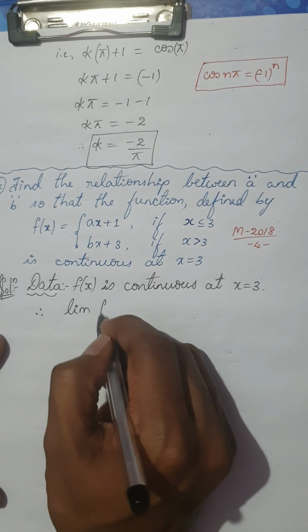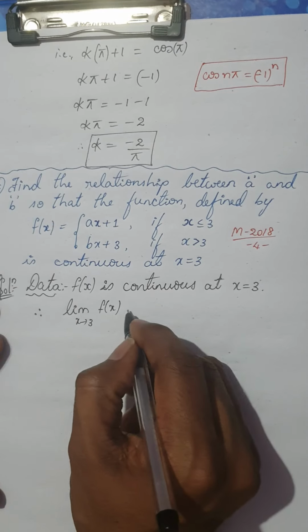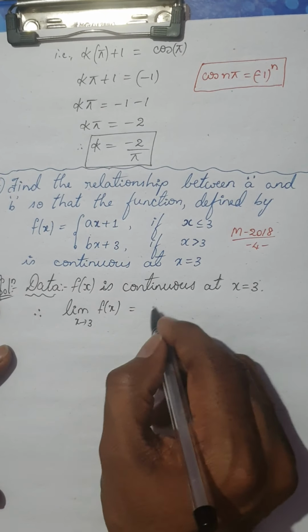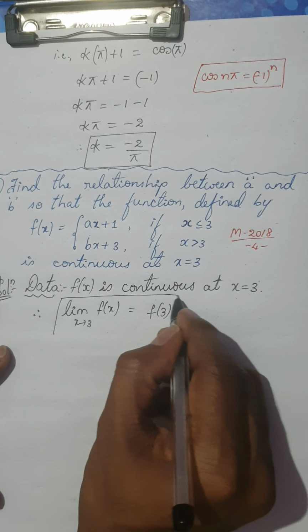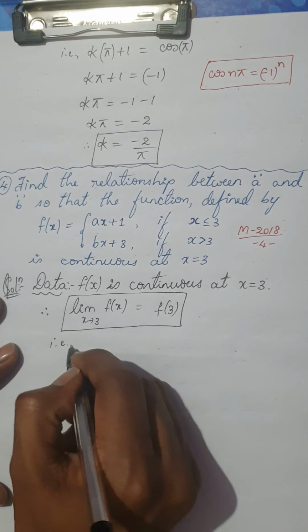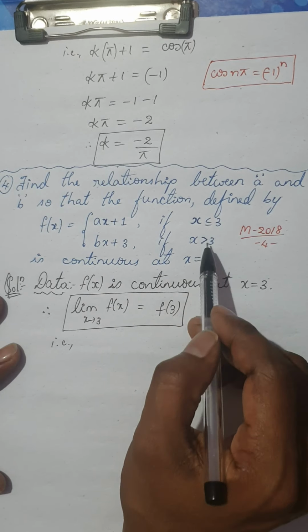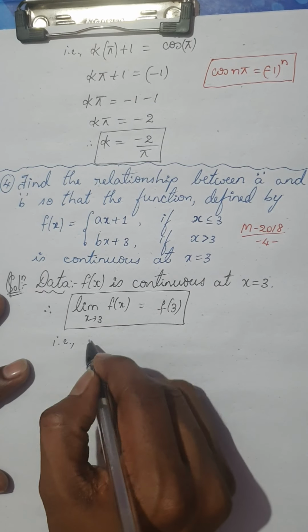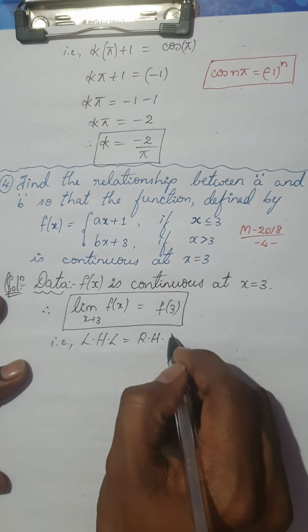I mean that the limit of f of x as x tends to 3 is f of 3. Again, the function is not split up for x equal to 3, x less than 3 and x greater than 3. So in that case, I will consider my LHL equal to RHL.